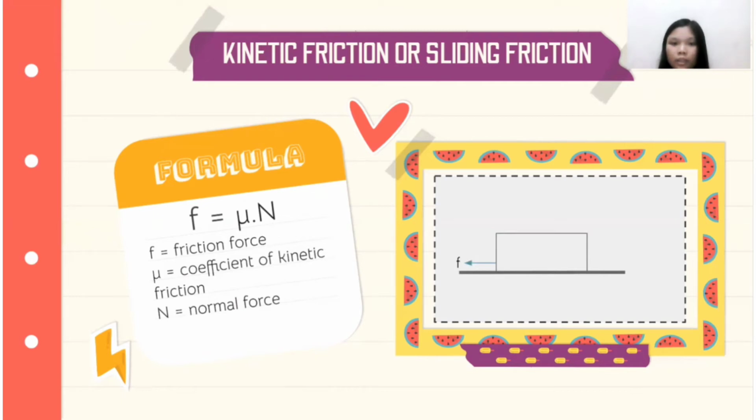F goes to the left, that means it is the friction force. To the right is the direction of the motion. Up is the normal force. And down is the weight, or mass times gravity, or g.